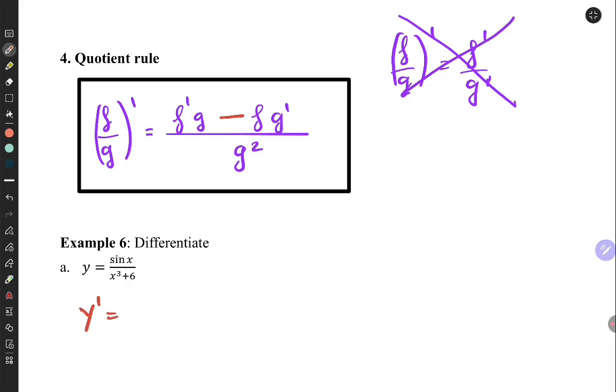You want to do like this, y prime, and then you write out the expression. Okay, quotient rule.